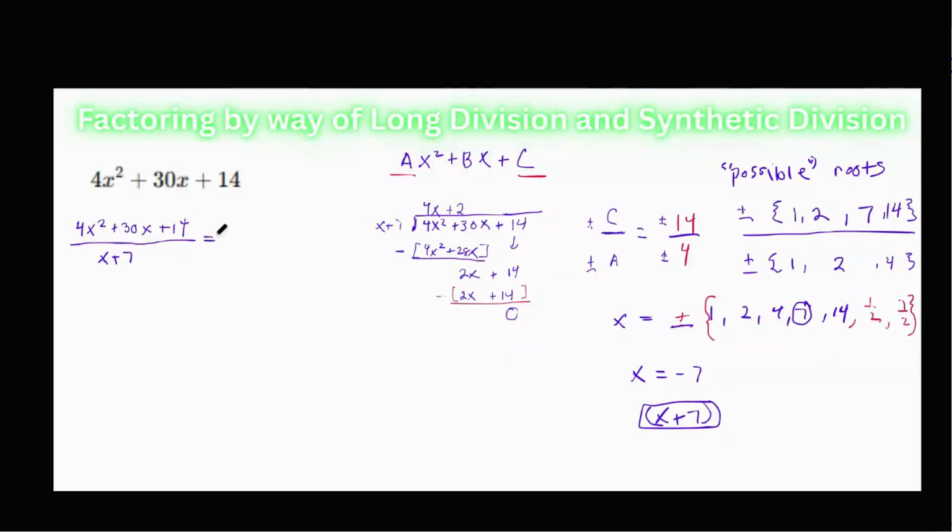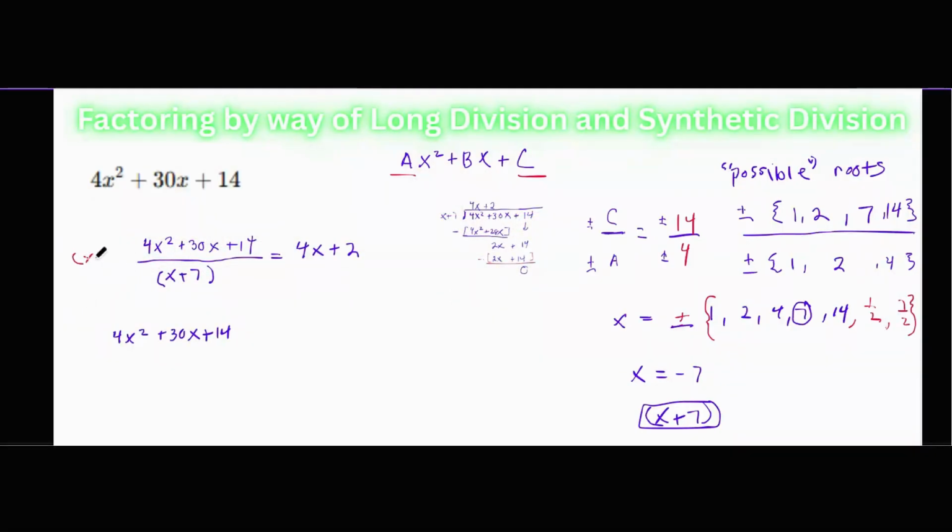So I'm going to put the answer that we got for the quotient, which was 4x plus 2. And then what I do from this point is that I need to put that x plus 7 back in, right? So we do that here by multiplying both sides times x plus 7.